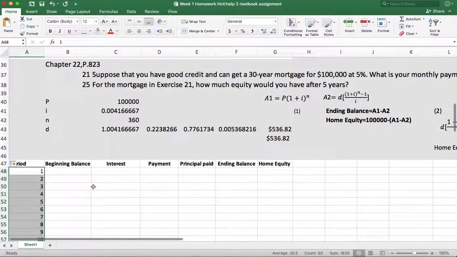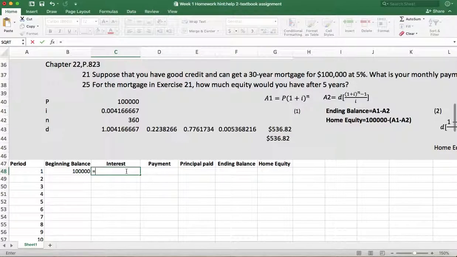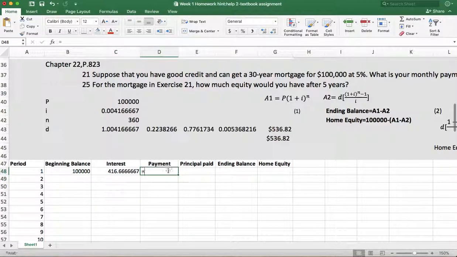For period 1, the beginning balance is the loan, 100,000. Interest is the beginning balance times the monthly interest rate. Return. Payment is 336.